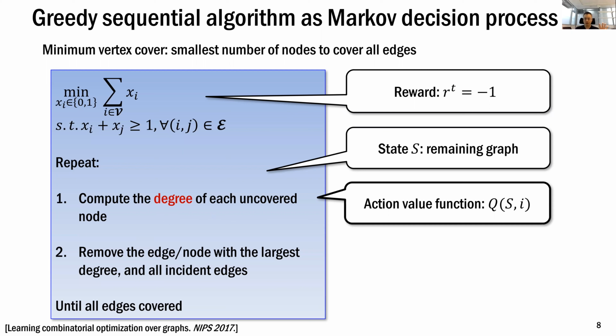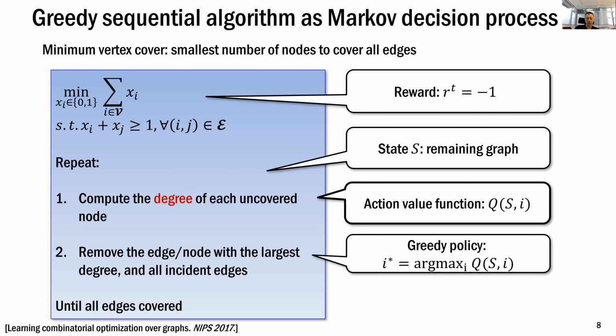Given the current graph S, you have some way to score each individual node, and selecting that node gives you the expected reward produced by the selection of that particular node. And then in the second step, when you use this scoring function to select the node, it's like taking a greedy action in the reinforcement learning setting.